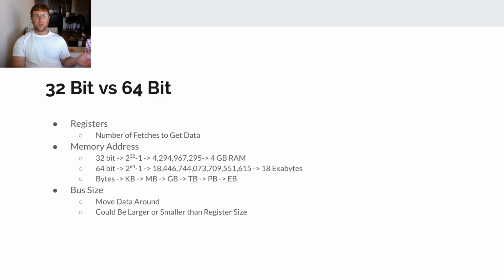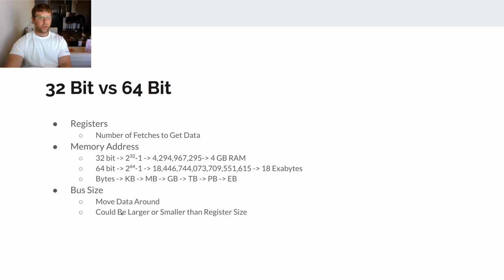But let's say you have two 32-bit numbers, and the bus is only 32 bits wide, so it's going to take two fetches, right? You have to grab the first 32-bit number, and then go out and grab the second 32-bit number, and put those all into registers. If you have a 64-bit bus size, then you can grab both of those numbers in one single fetch.